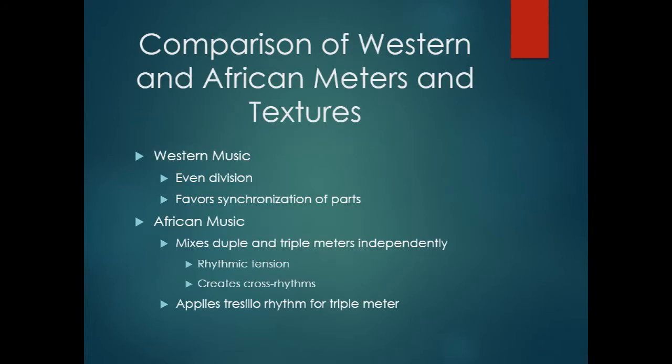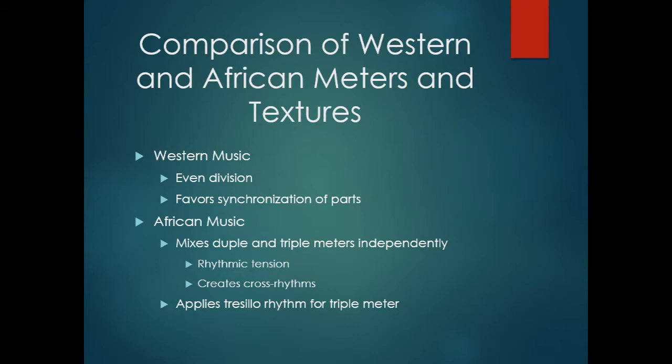So now I'd like to compare music meters and textures in Western and African music. Western music will evenly divide the pulse and favors synchronization of parts, so that when we divide the pulse, say if it's a 4/4 or 3/4, usually each division will synchronize, each part will synchronize by those divisions.